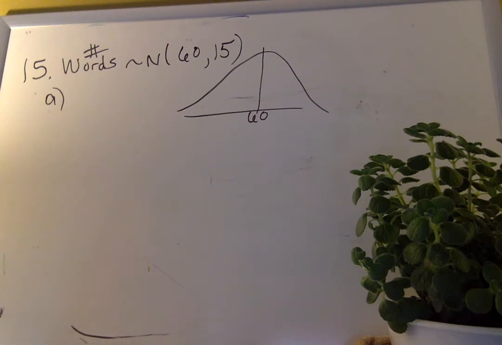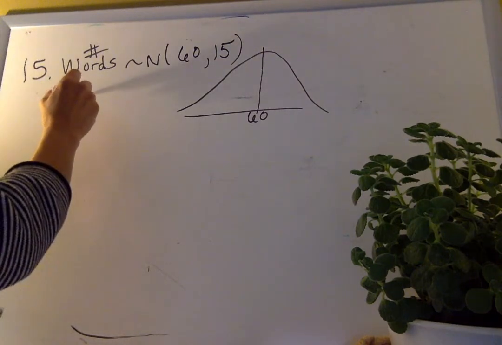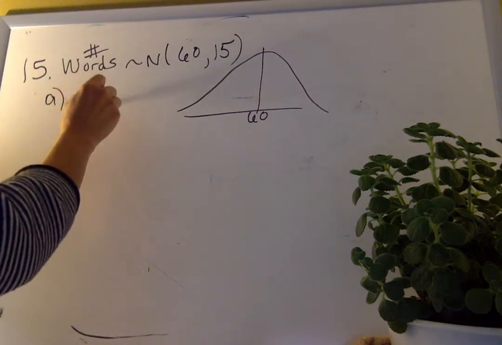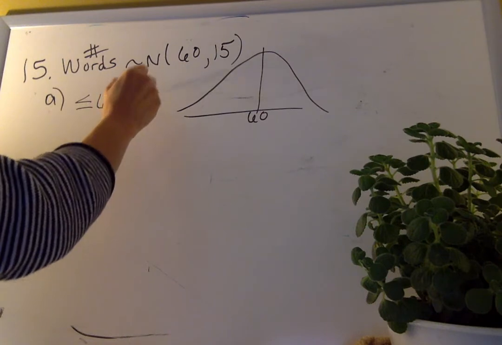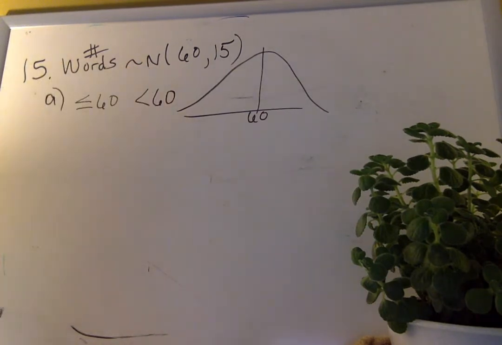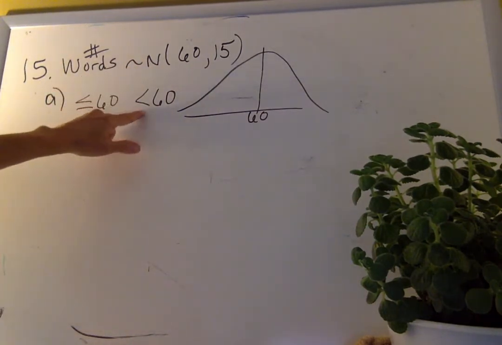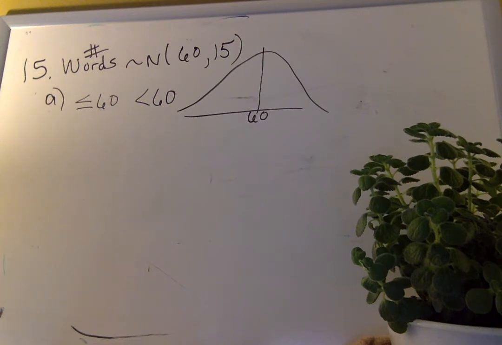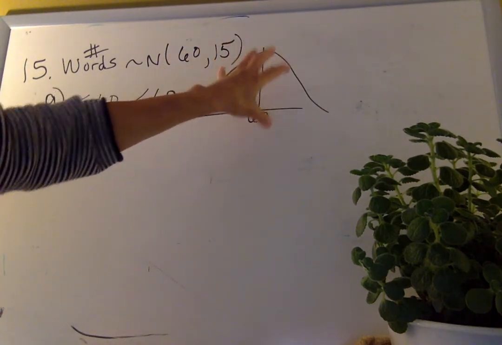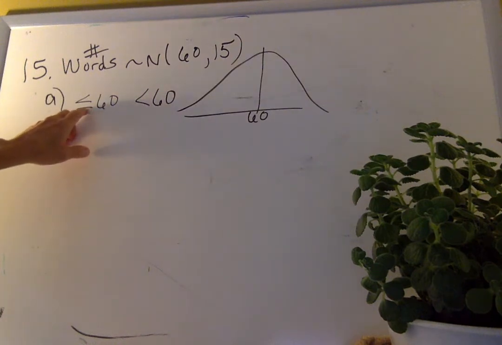What's the probability a randomly selected typist's net rate is at most 60, less than 60? At most 60 is less than or equal to. Less than 60 is that, right? So that's what they're asking for. So the first concept that the authors wanted to make sure you knew is that on the normal distribution, it does not matter if you're including the equal to 60.